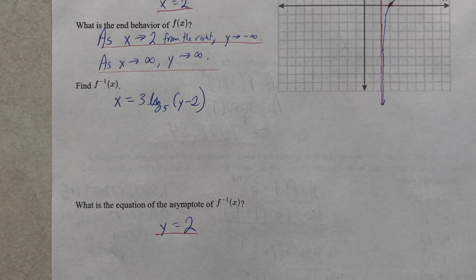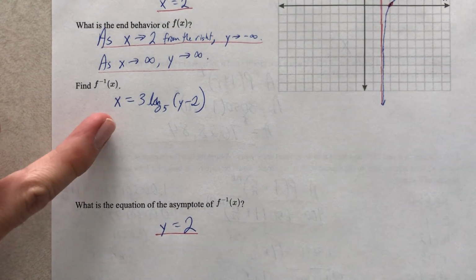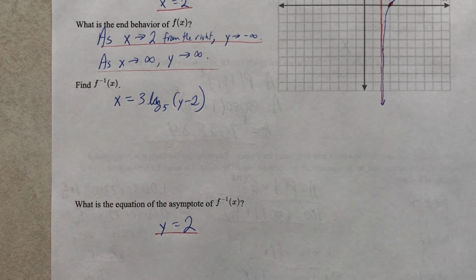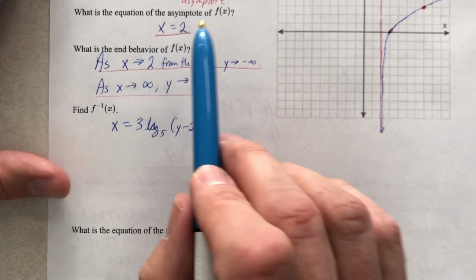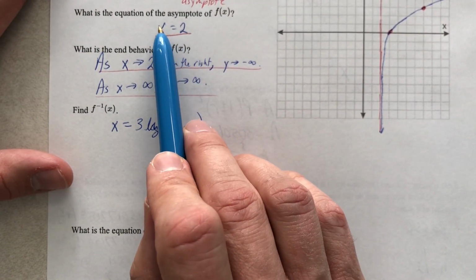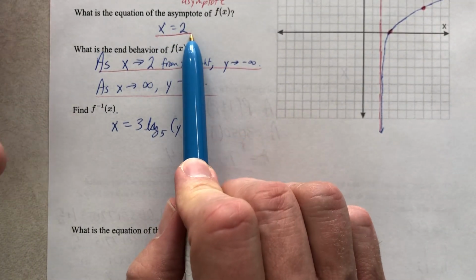That, my friends, is the answer to this one. We don't even know the equation for that inverse yet, but we know that much because it's the opposite of this. So some of you on your quiz might have put y equals 2, and that would be wrong.